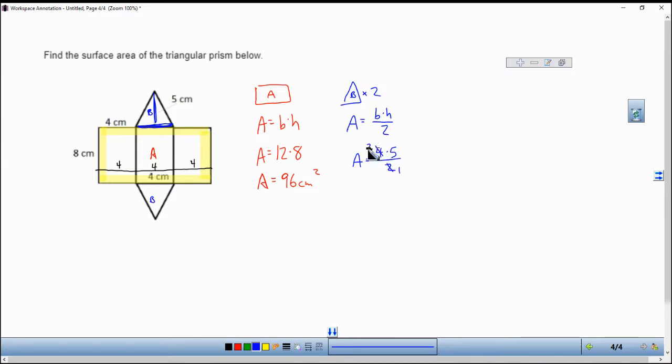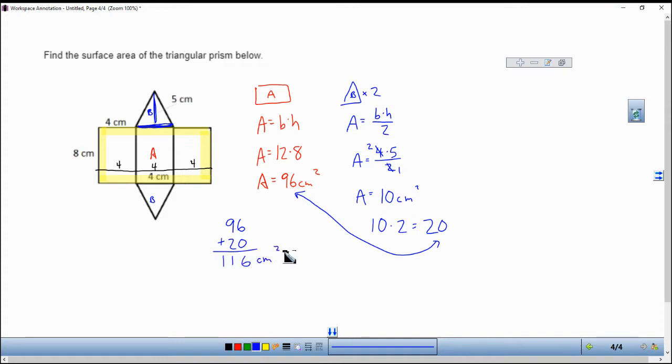The 4 becomes 2. 2 times 5 is 10 centimeters squared. And there are 2 of them, so we'll do 10 times 2, which is 20. And then we will add these 2 numbers together. This is the B's and the A, so we get 96 plus 20. And our surface area is 116 centimeters squared.